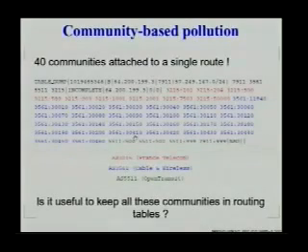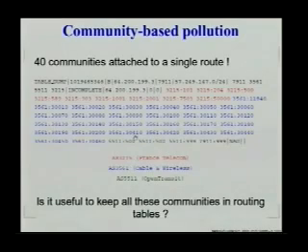Another interesting and somewhat surprising observation was that we found some routes that have many communities attached. Here we have 40 communities attached to a single route, and only one community has a meaning at this place. So there is a lot of pollution here. 39 communities that are useless, with 4 bytes for each community.